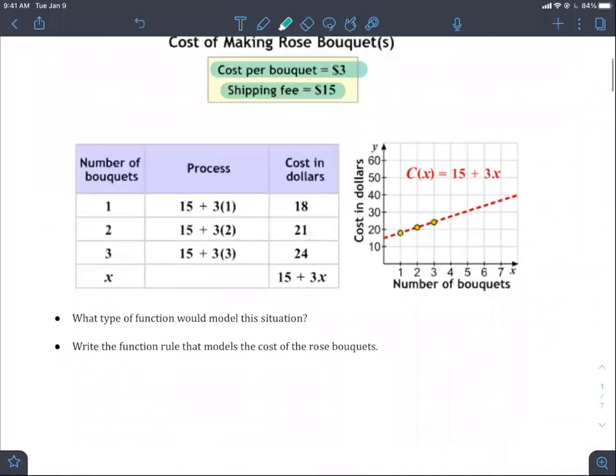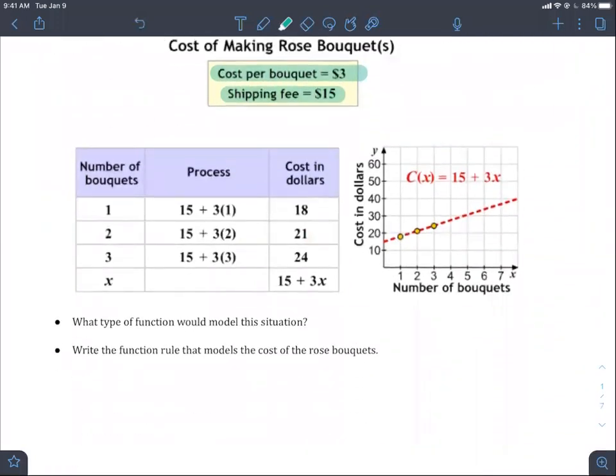So they start doing the math. If they only buy one bouquet, it's going to cost $18. If they buy 2 bouquets, it'll cost $21. If they buy 3 bouquets, it will cost $24. And we end up with a linear expression expressing the cost in dollars of the bouquets, being 15 plus 3x.